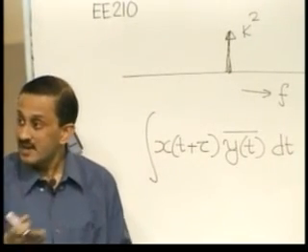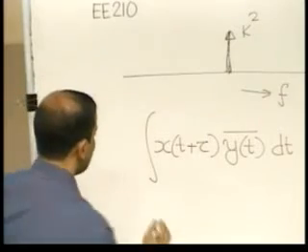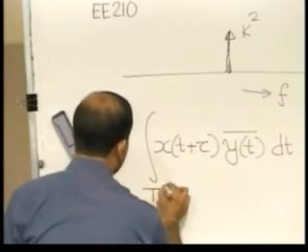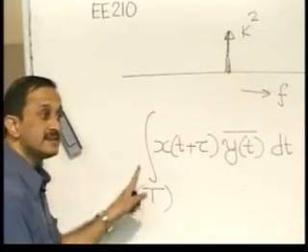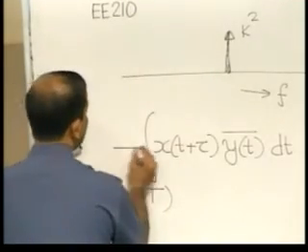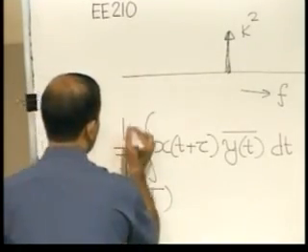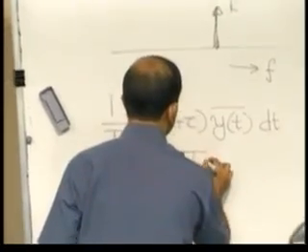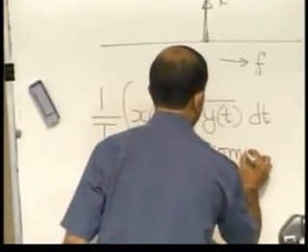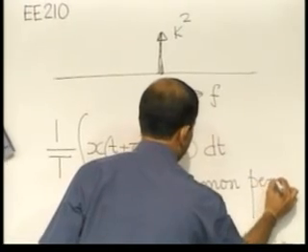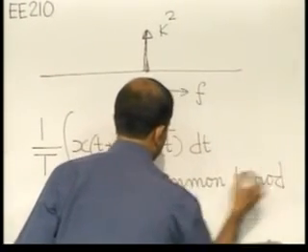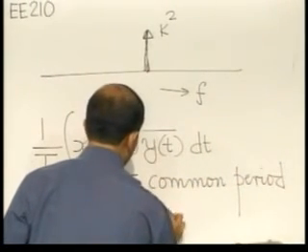The integral can be over any continuous interval of t. We write that as angle bracket t, which denotes being able to integrate over any continuous interval of t, divided by t, where t is the common period.